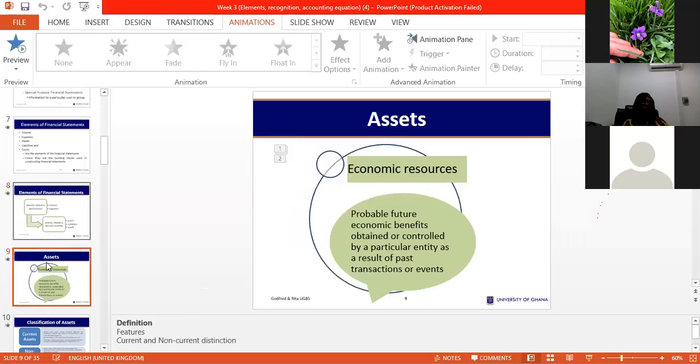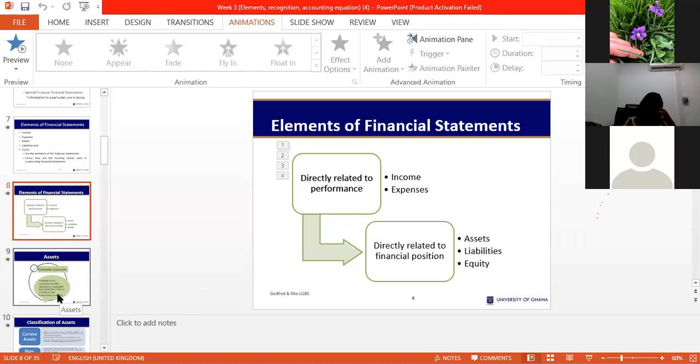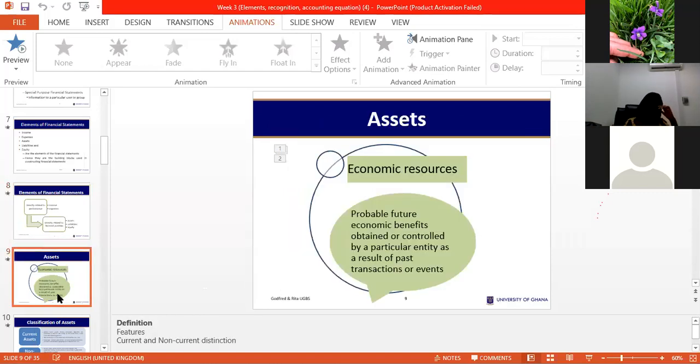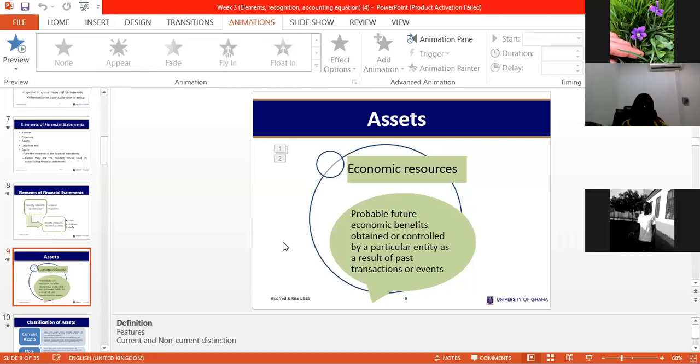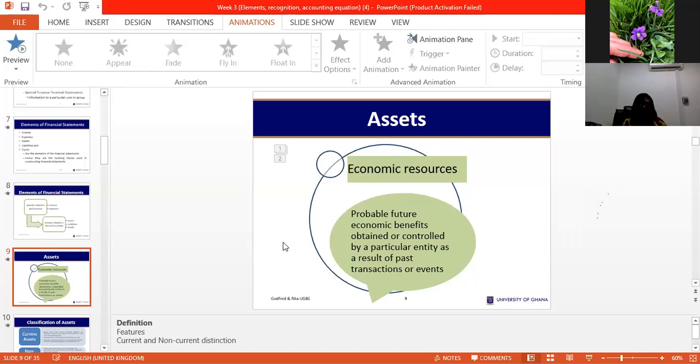So let's look at the components or the elements of these financials. The first one we'll look at is assets. Now, an asset has been defined or described as a resource either controlled or owned by the business entity that will generate some future economic benefits.